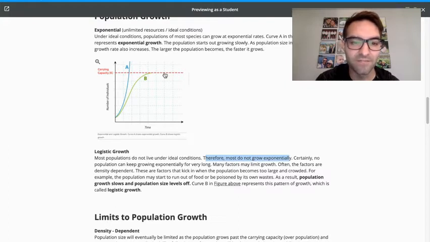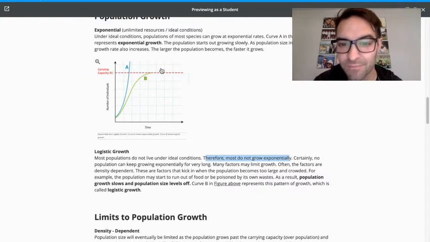And I want to be clear, though. While this doesn't show it and it doesn't specifically say it, what you'll see is that when there becomes an abundance of resources, your population growth will continue to go over the carrying capacity. And then as you're over the carrying capacity, what that means is, well, now you have too many individuals and the habitat can't provide for it, or there's too much competition.